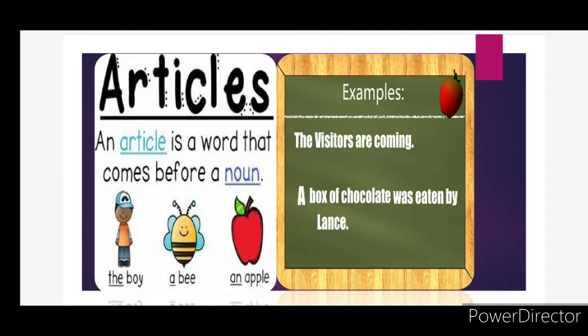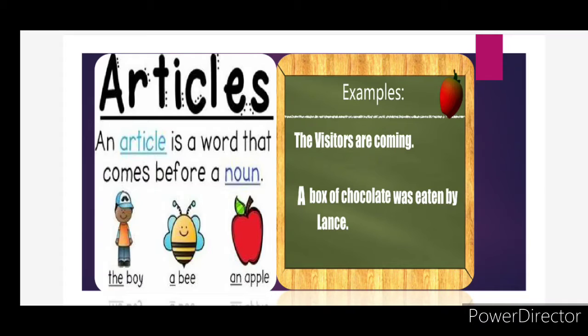An article is a word that comes before a noun. Let's have a look at these examples. The boy, a bee, an apple. Boy is a noun and what comes before boy is an article. The boy, a bee, an apple. The visitors are coming.